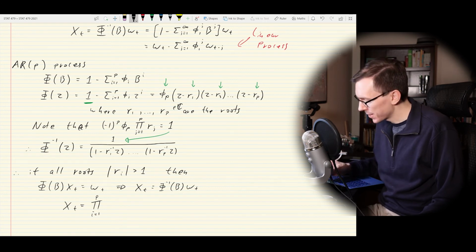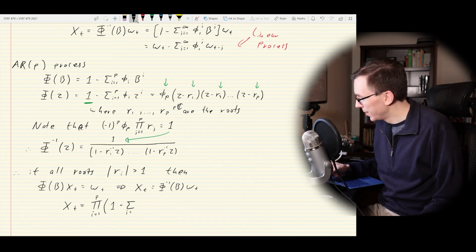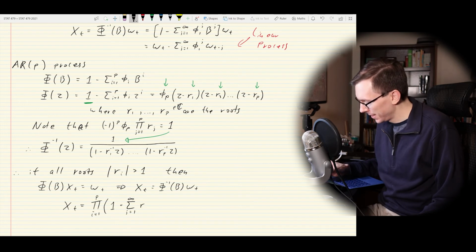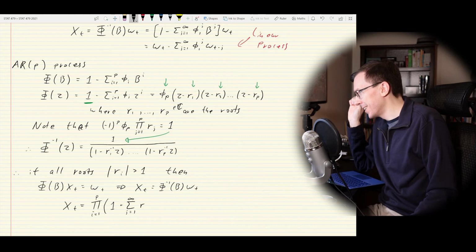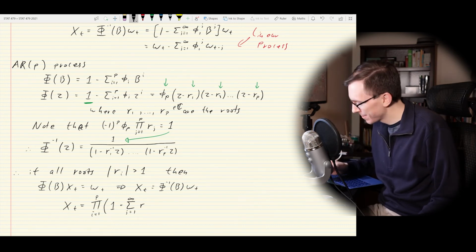I'm going to have to correct that. It's just an omission, because what we're going to have to take is j from 1 to infinity of r. Let's see. What are we doing here? Yeah, this whole equation needs to be fixed.